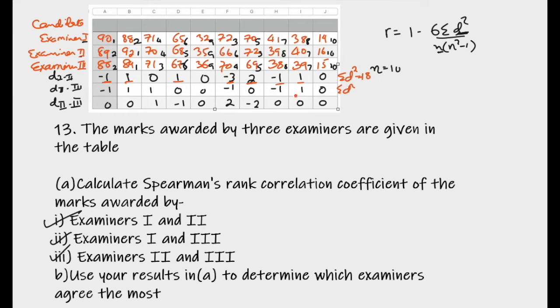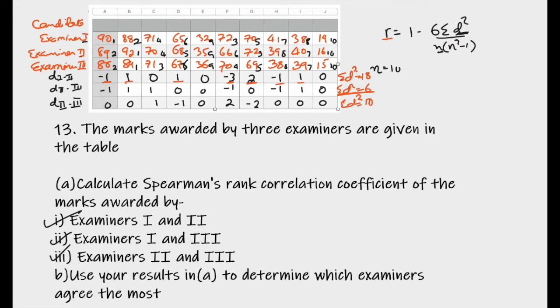Sigma d square in this case will be 1, 2, 3, 4, 5, 6. And here 1, 2 plus 4, 6 plus 4, 10. We can clearly see that here it is the least. This seems to be the answer, but let's calculate the R from all three of them.